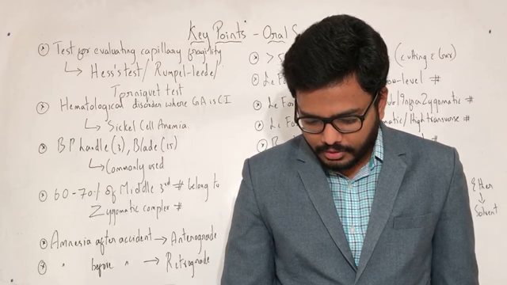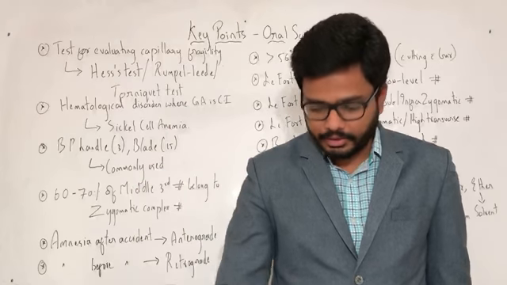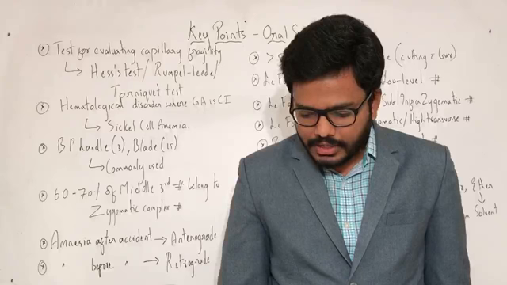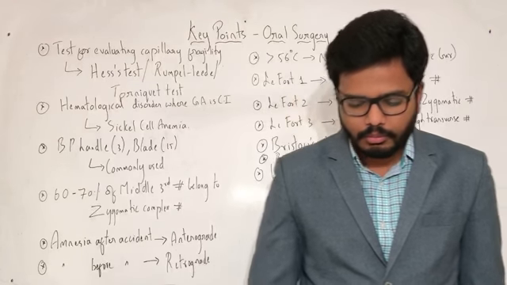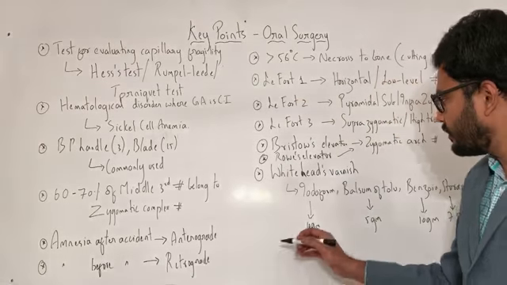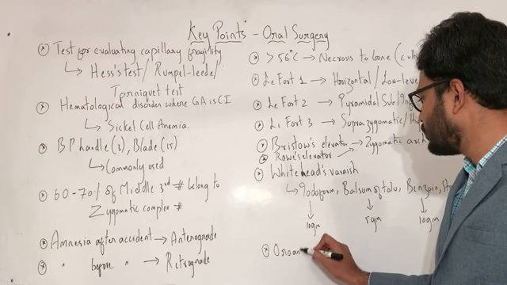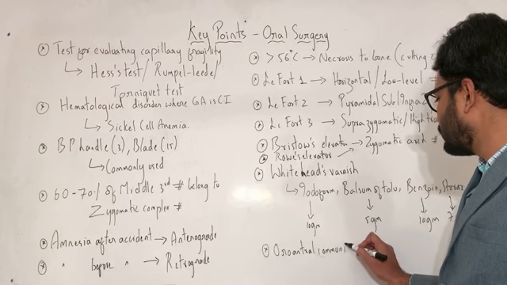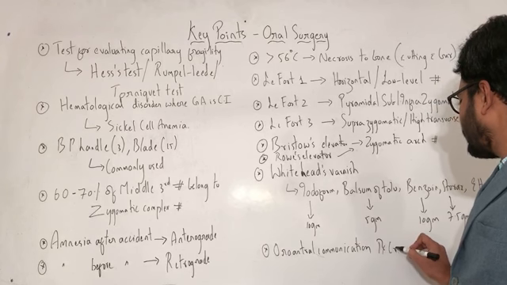So during extraction, if there is a communication established with the sinus after extraction, depending upon the size of communication, if the size is between 1 to 2 mm, if it is between 2 to 6 mm, if it is more than 7 mm, oral-antral communication you can consider, right? I'll just mention that here. Treatment criteria.